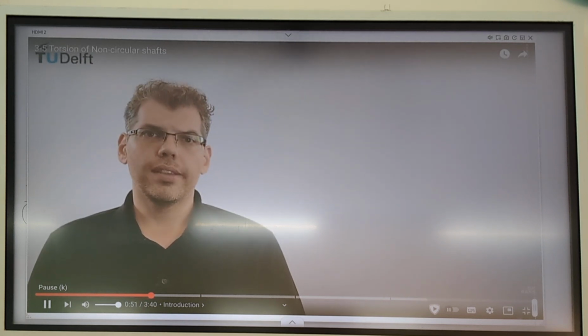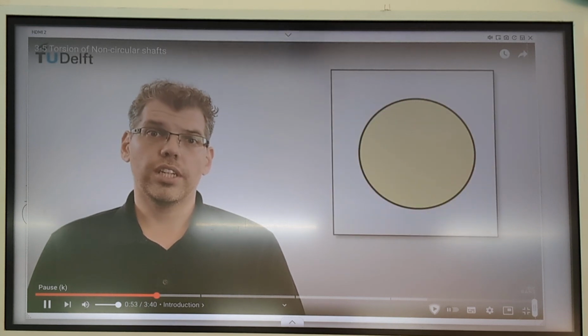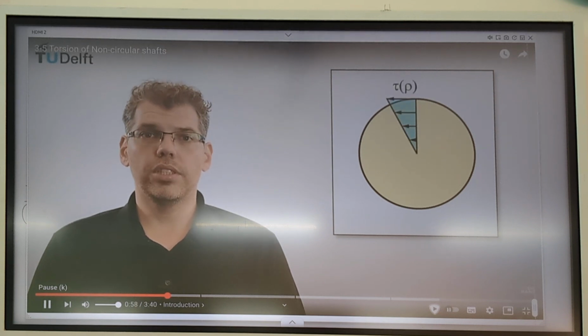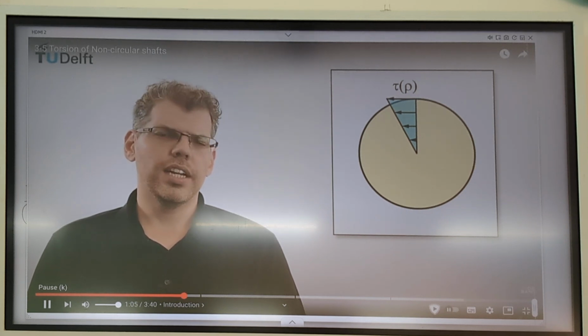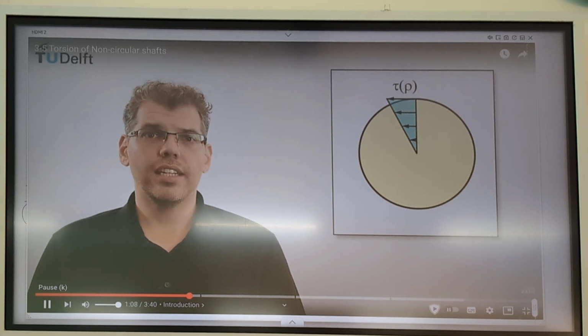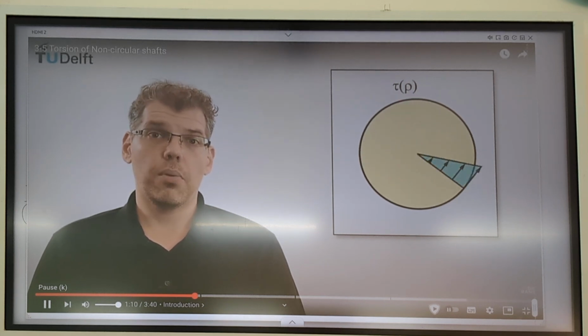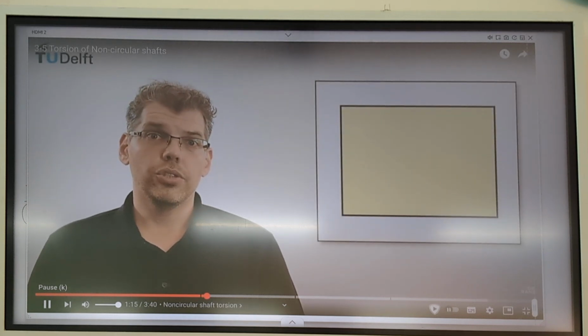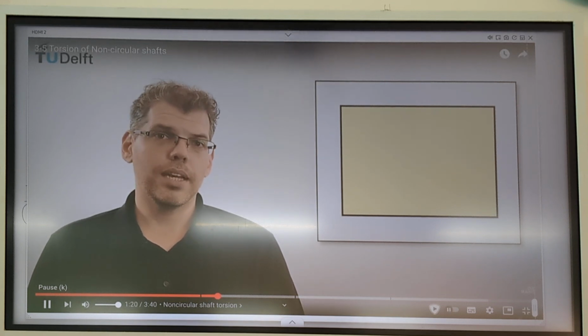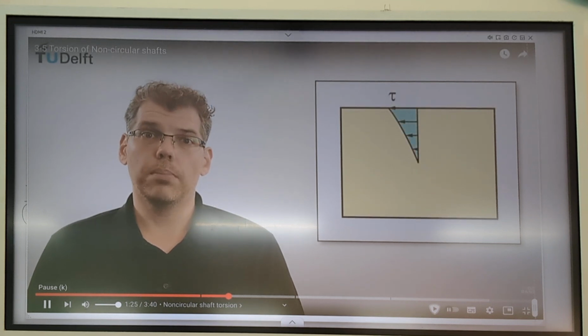If we take a closer look at this stress state superimposed on the cross-section of a circular shaft, it will appear as shown here at one angular position within the shaft cross-section. Now, in reality, this stress distribution exists at all angular positions. In a way, you can visualize this as a flow of that stress around the axis of the shaft. Applying this fluid flow analogy to a non-circular cross-section, such as the rectangular one shown here, it becomes immediately apparent that the shear stress distribution will be far more complex.